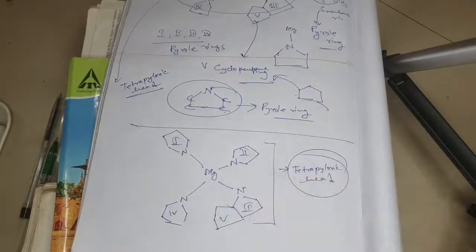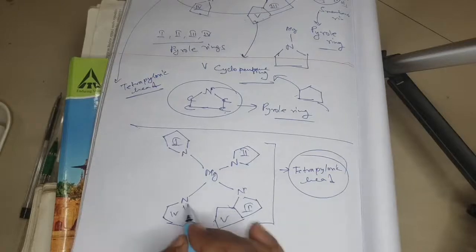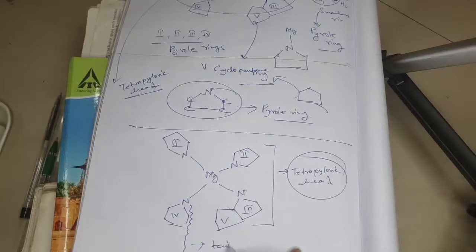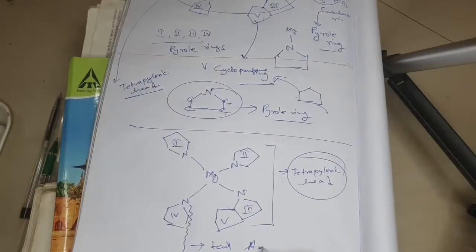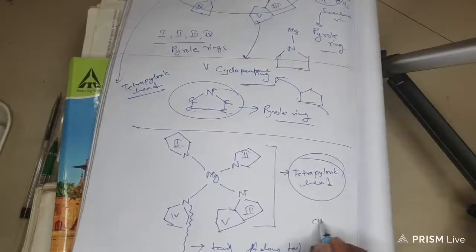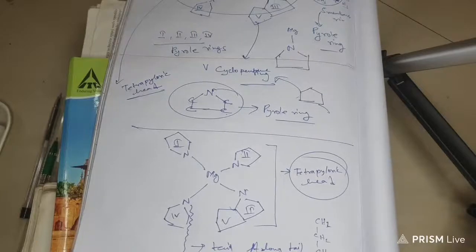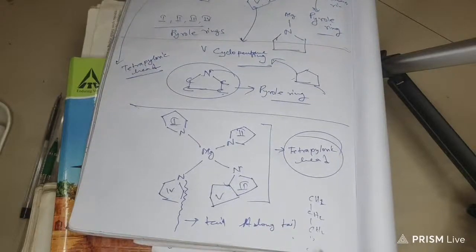Now if you see this tetrapyrrolic head, from here arises a tail, a long tail. This tail is made up of simple CH3, CH2, CH2, in this way, a long link.